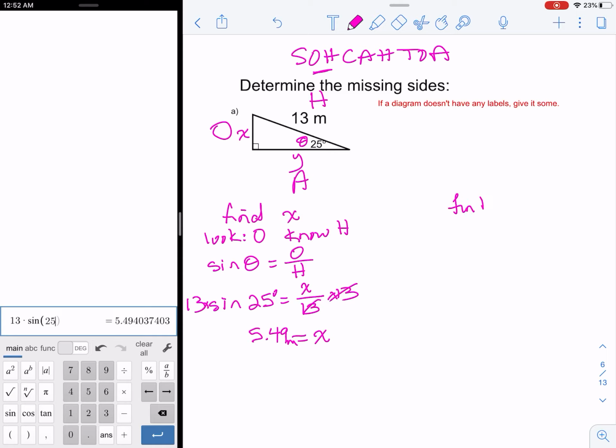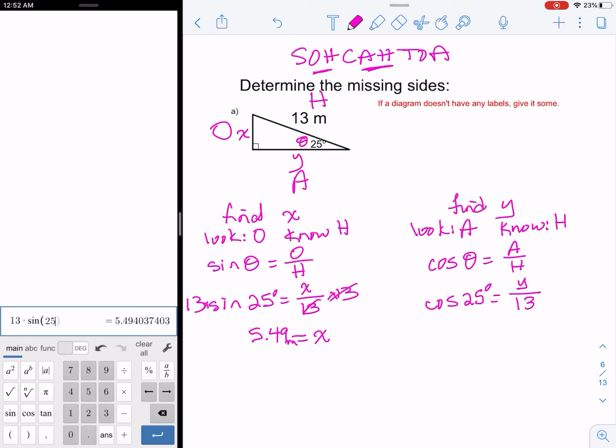To find y, we're looking for the adjacent. We know the hypotenuse, so that means we're going to use cosine, adjacent over hypotenuse. So cos of theta equals adjacent over hypotenuse. So cosine of 25 degrees equals the adjacent, which we've called y, over the hypotenuse, which is 13.